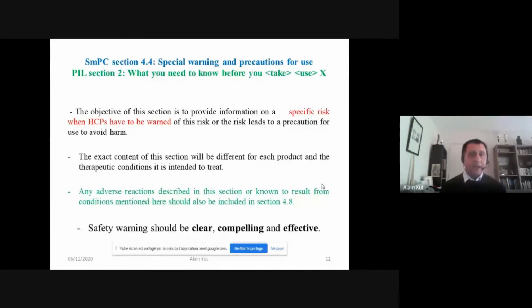Now, there is a relationship also with section 4.8, undesirable effects. Why? Because any adverse reactions described in this section or known to result from conditions mentioned here should also be included in section 4.8. Okay, and the safety warning should be clear, compelling, and effective.